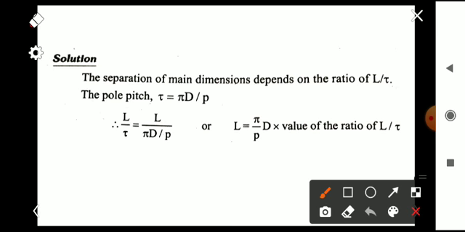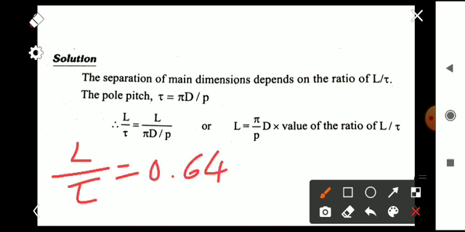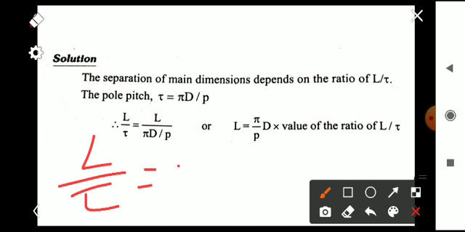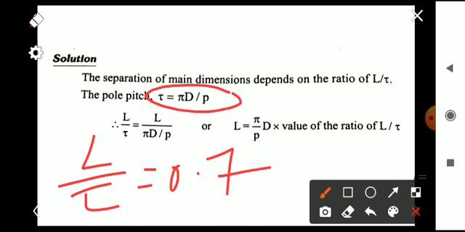For a square pole face machine, the L by tau value is something between 0.64 to 0.72, and the accurate value we are normally taking for L by tau as 0.7. And we know that the pole pitch tau is equal to pi D by p.